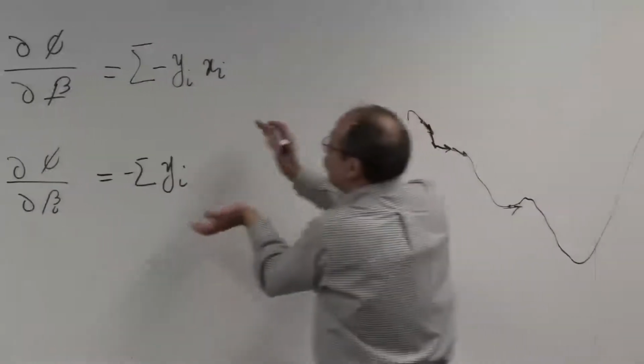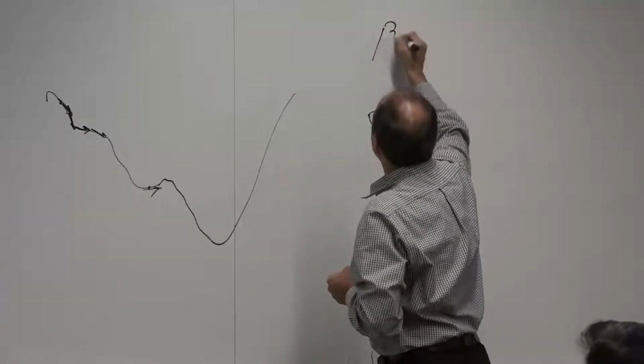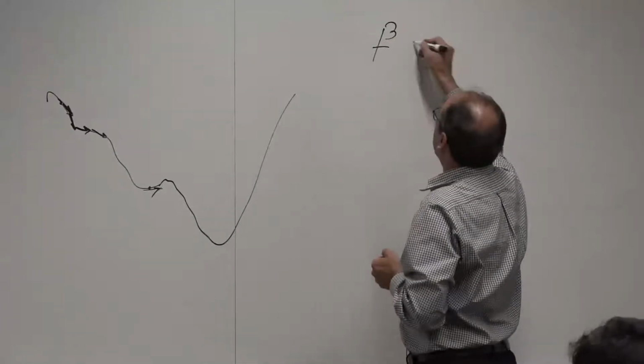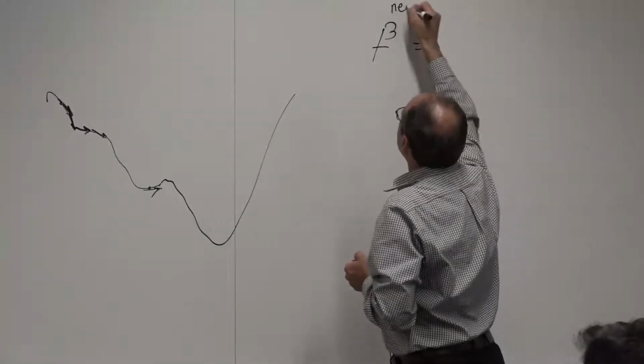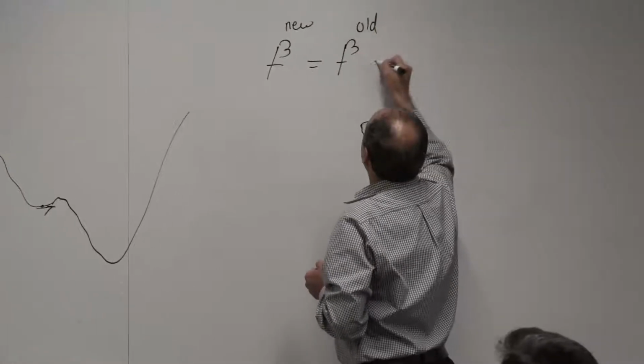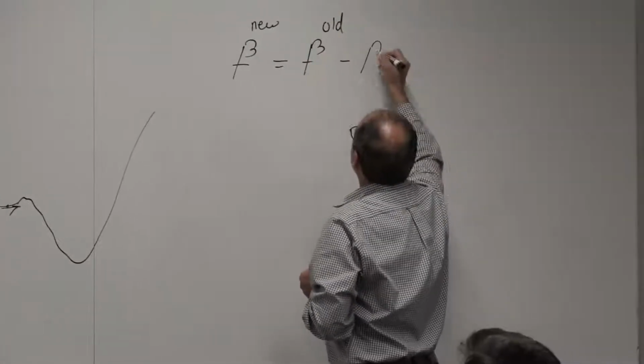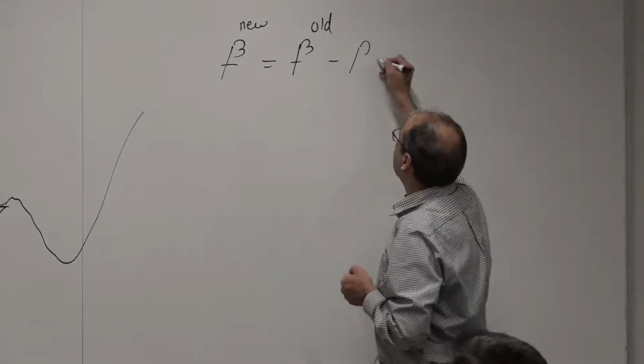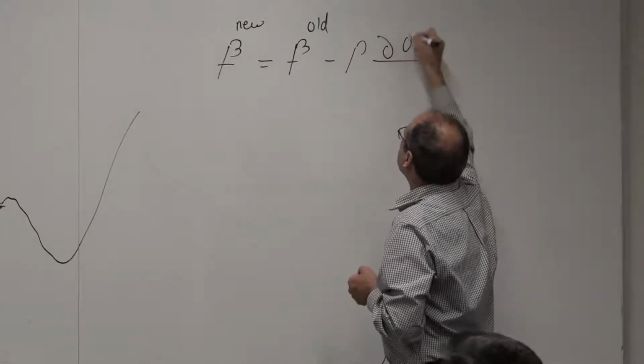So gradient descent, as I said, is just a procedure: when you want to find beta, your new beta is the old beta minus a small step toward the gradient.